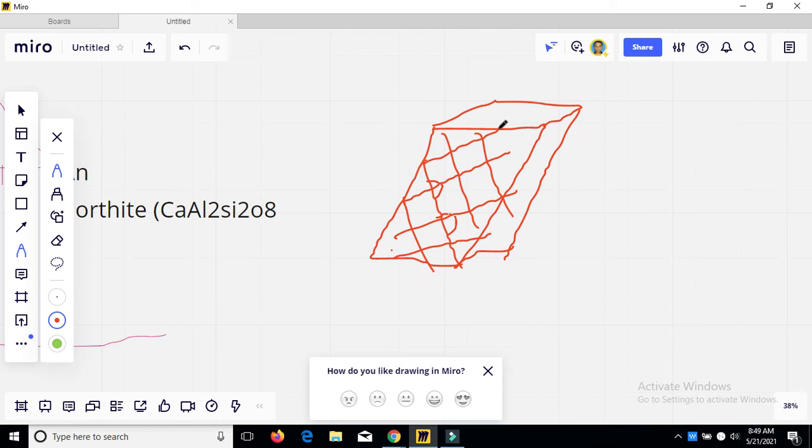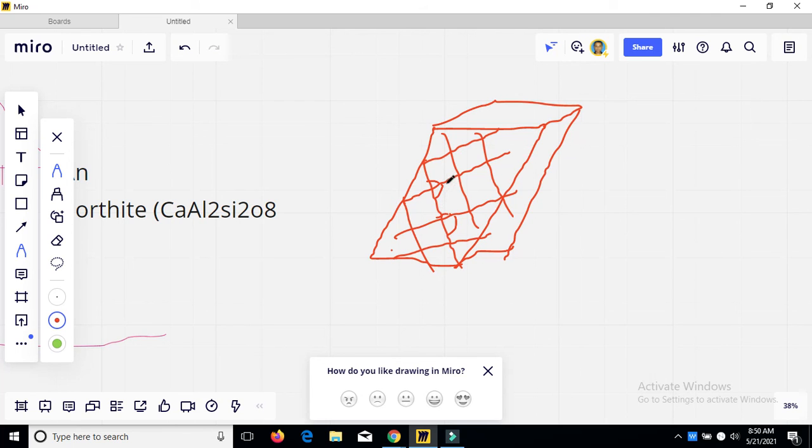If the mineral has cleavage like this, then the strength will definitely be less. It is not that all minerals have this cleavage, but most of the minerals have cleavage in this system. So this is an acute angle, this is an obtuse angle. It is 56, this is 124.